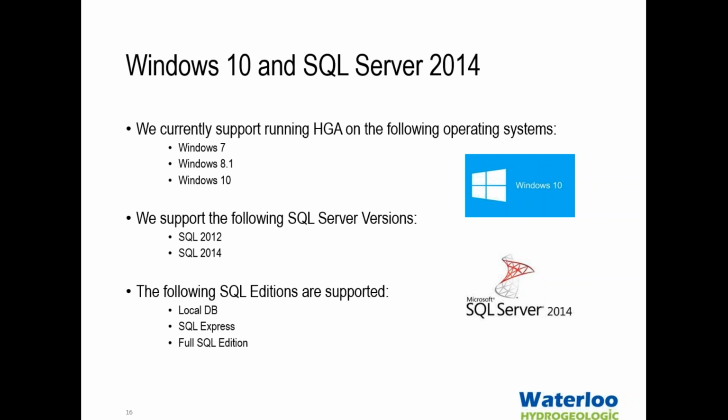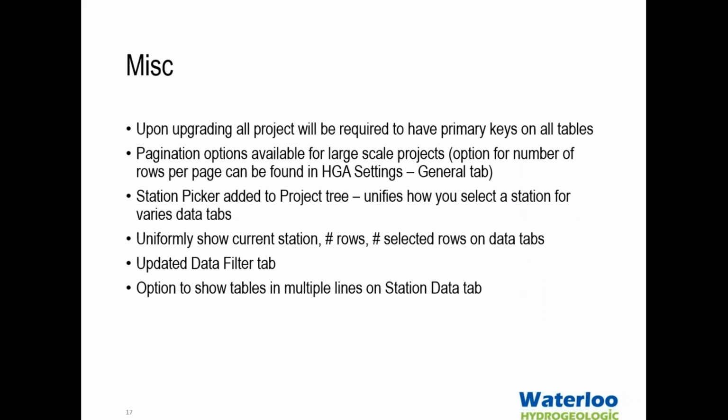If, however, you need to work with others, so you want multiple people to be accessing the same project, you would need to look at using the full-fledged SQL Server edition, which of course does have costs associated with it, or you can use SQL Express, which you can configure to allow for multiple people to access with some configuration.